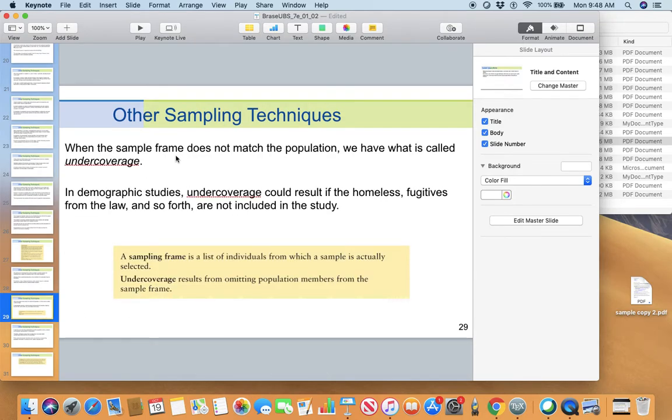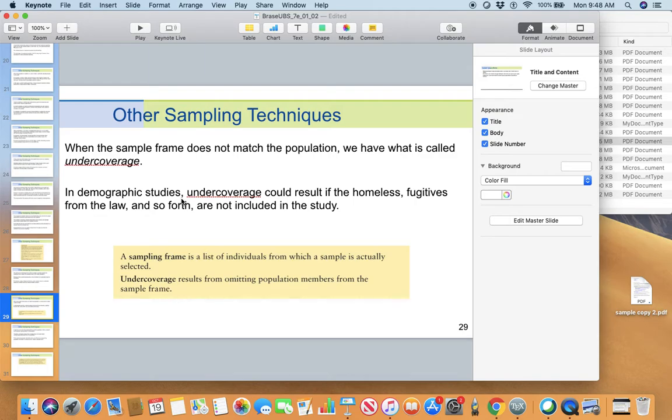When the sample frame does not match the population, we have what is called undercoverage. Undercoverage means the people you selected from is not the entire population. Somebody from the entire population was not even on your radar, so to say.